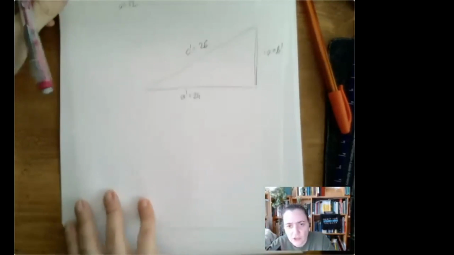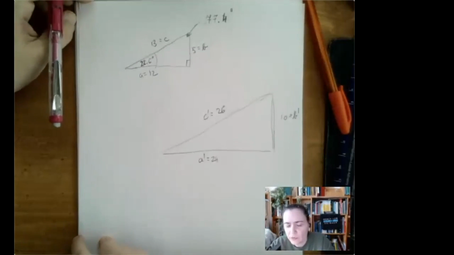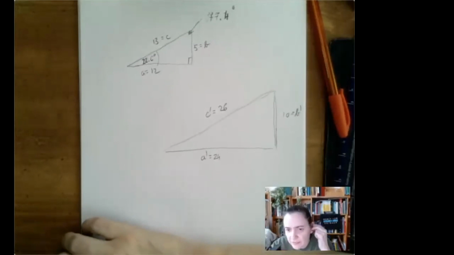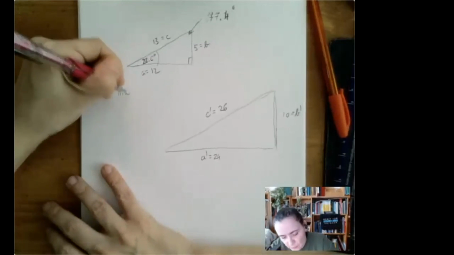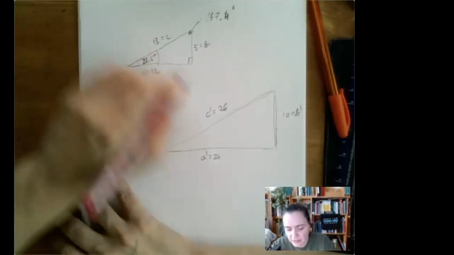Okay. So there are two ways to express similarity, and they're both very useful, very important. One of them is you can think of the magnifying factor or scale factor. In this case, the magnifying factor from here to here is 2.